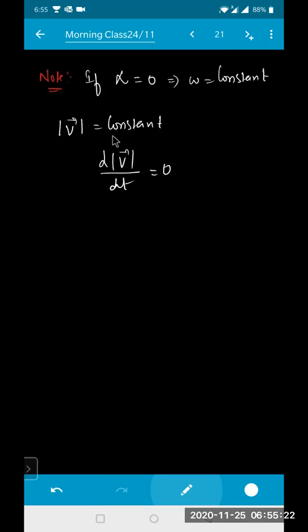If the body is moving at a constant velocity, then the body is said to be in uniform circular motion.